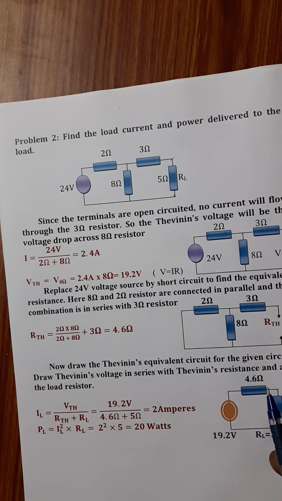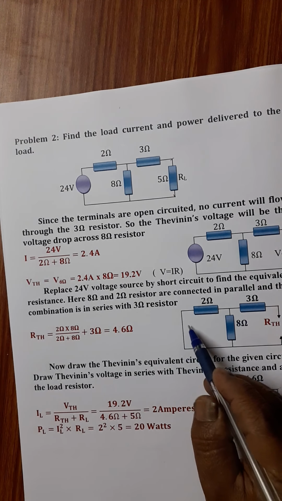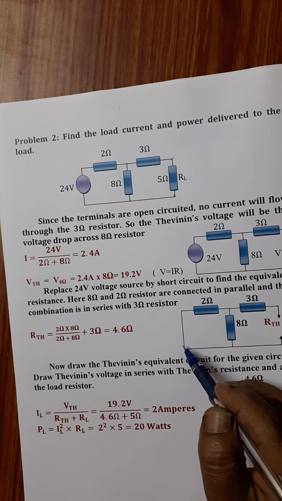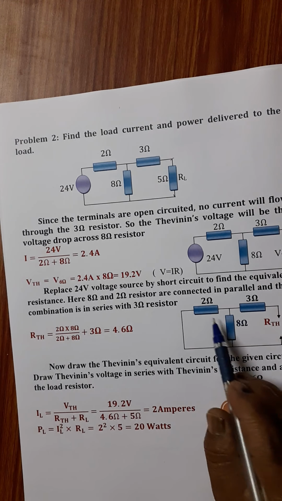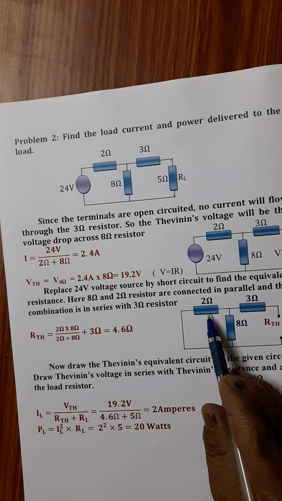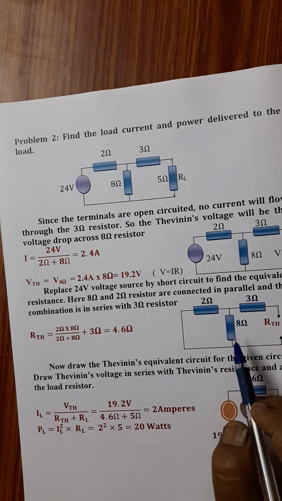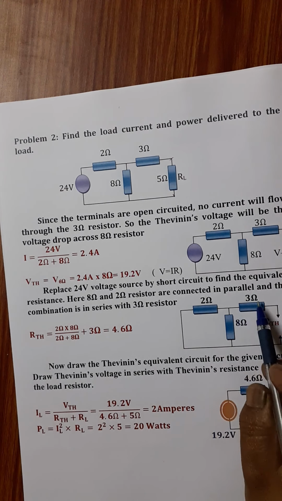To replace the 24 volt voltage source by a short circuit to find the equivalent resistance. So once I replace the voltage source by the short circuit, R1 and R2, that is the 2 ohm and 8 ohm resistors, are connected in parallel, and this parallel connection is in series with the 3 ohm resistor.